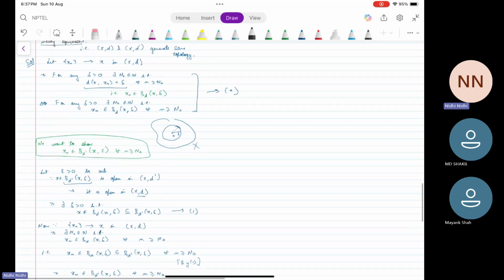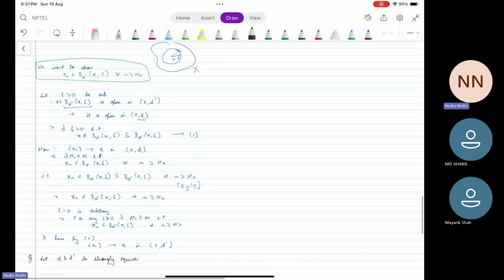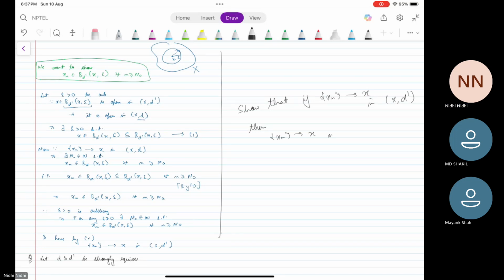Here we have shown that Xn converges to X in (X, D) implies it converges in (X, D') also. In exactly the same way you can show that if Xn converges to X in (X, D'), then it converges in (X, D).